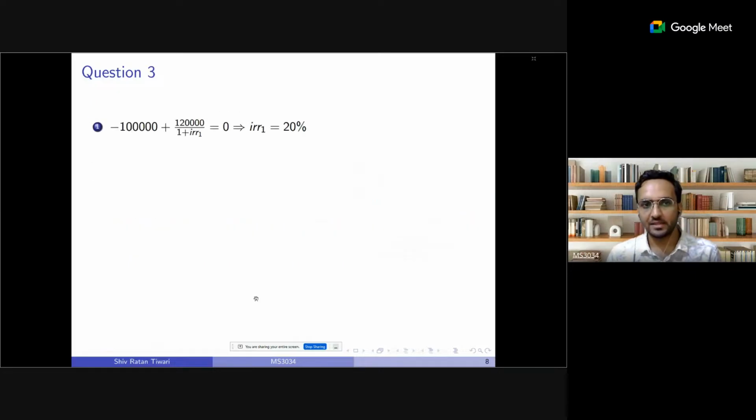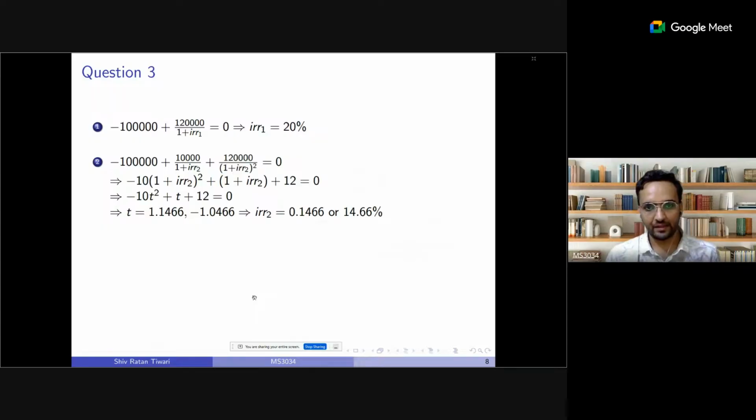Taking this simplest example, in the first case there is a first cost and then you get one return in one period only, and there is a simple calculation. You can simply put all the values and you find that in the first case the IRR is 20%.